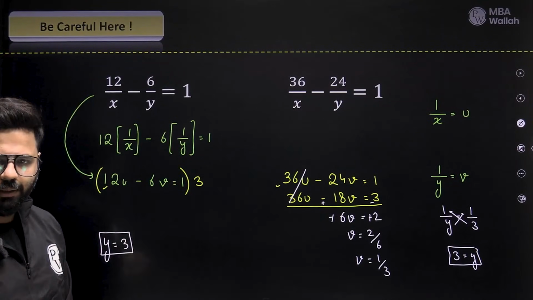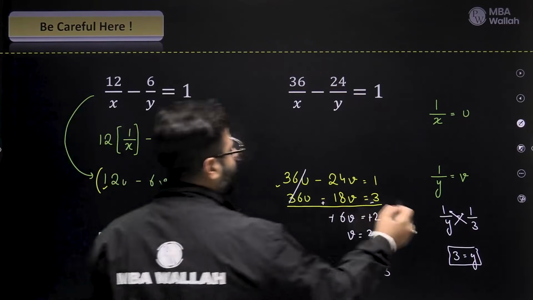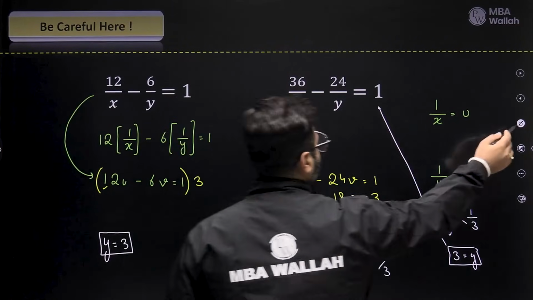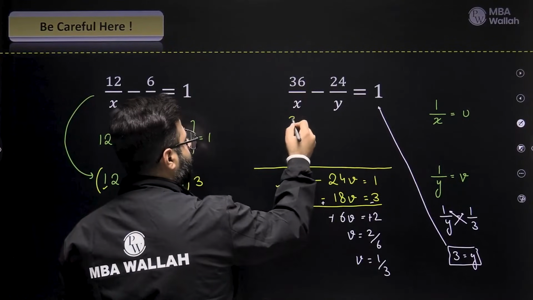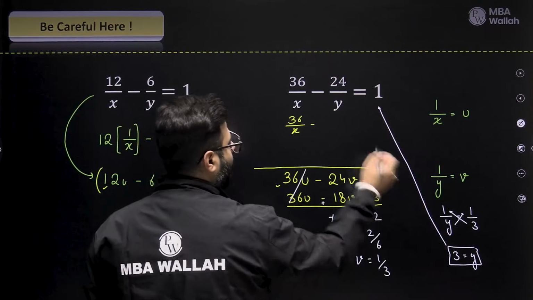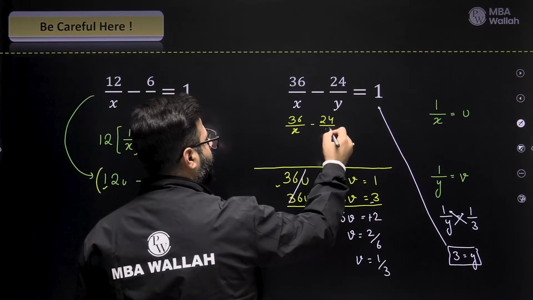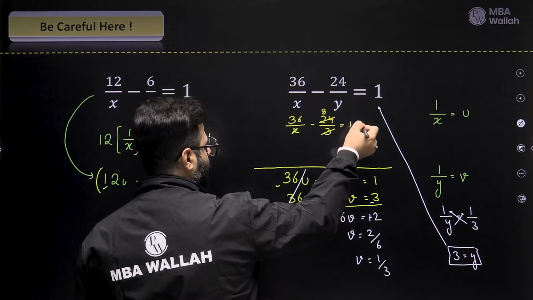Time to calculate the x. Very simple. Put in y in any of the equations. I'm putting it here, and let's check what happens. So 36 by x minus 24 by y, that is 24 by 3, equals 1. 24 divided by 3 is 8. Minus 8 goes there, becomes plus 8.